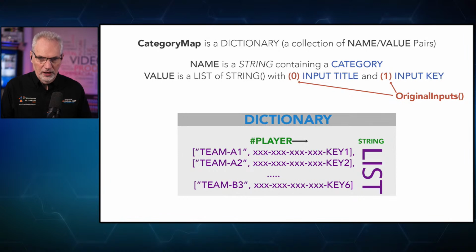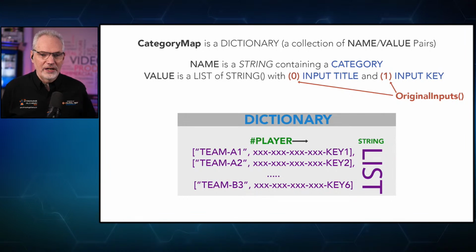A dictionary in vMix script, or in VB.NET really, is a way to assign a key or a name and then a value with that name. So I can go in and say, look up this name or this key and then give me the value associated with it. So that's the first thing we're doing.